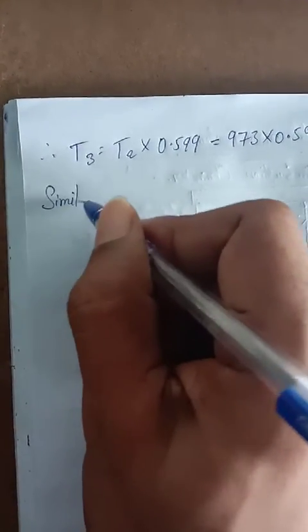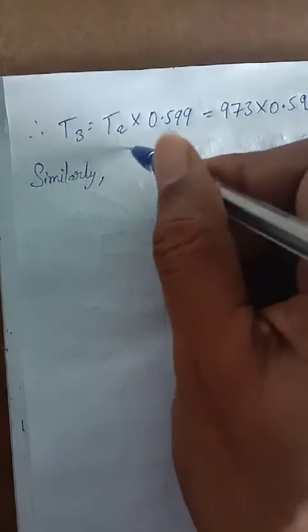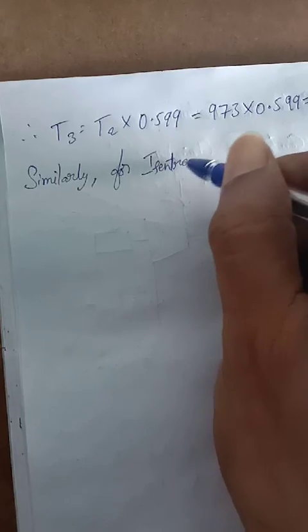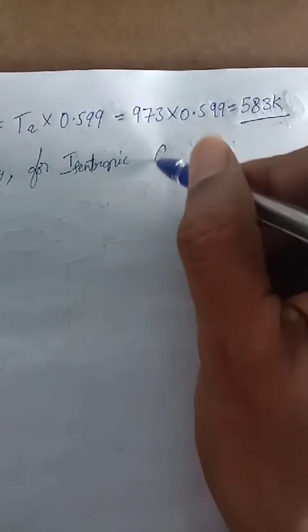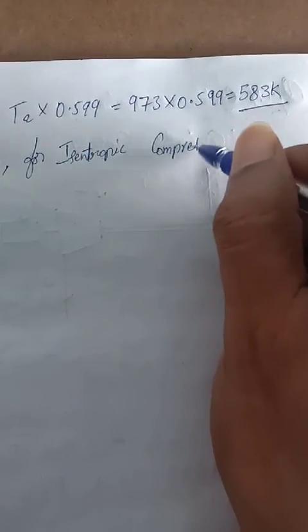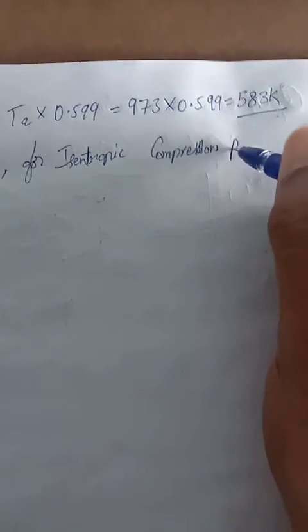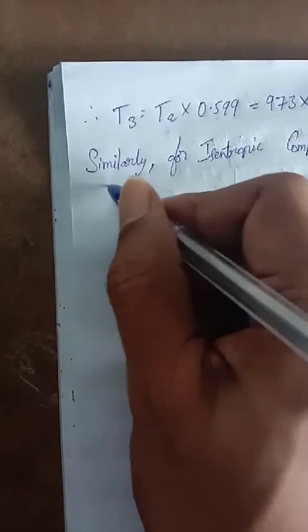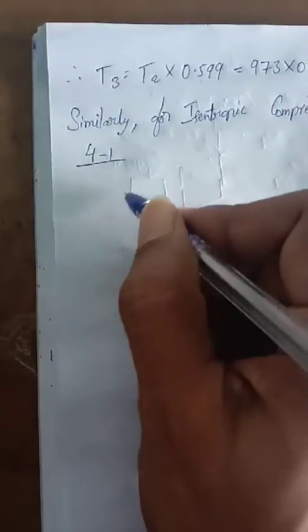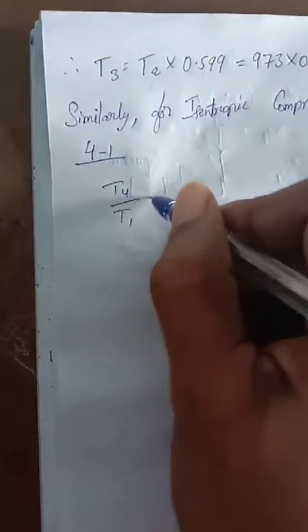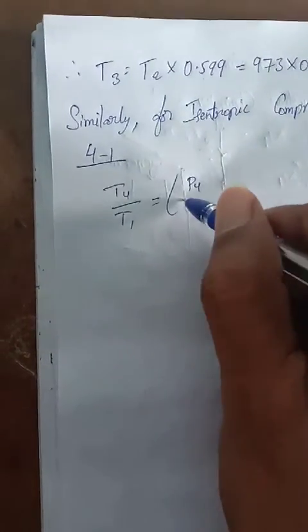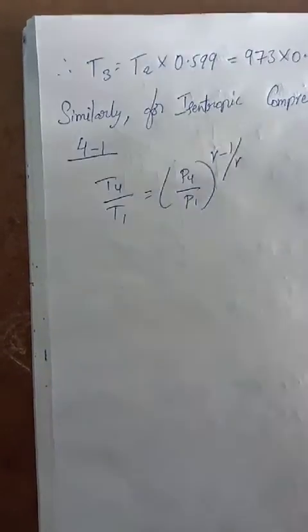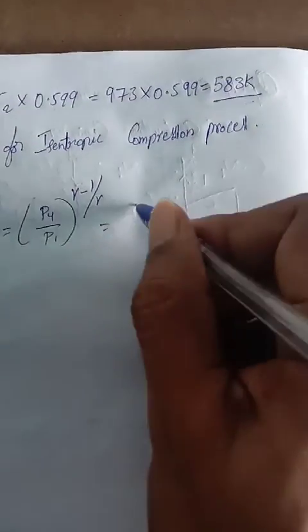Similarly, for the isentropic compression process, this is 4 to 1. So T4 by T1 is equal to P4 by P1 whole power gamma minus 1 by gamma.